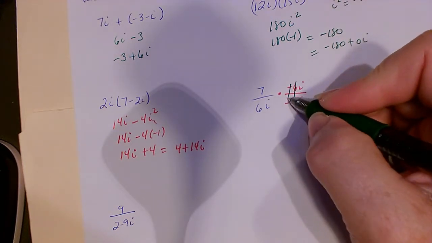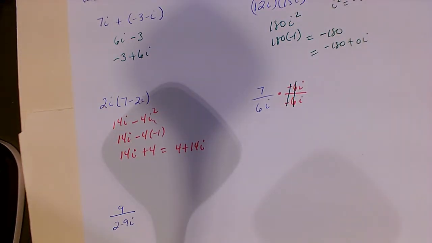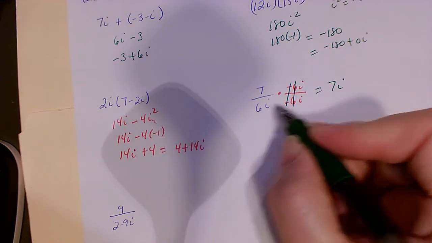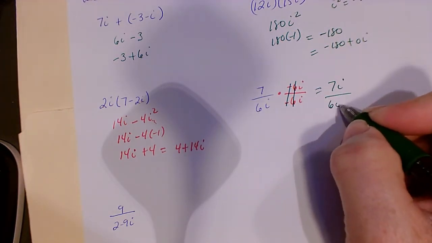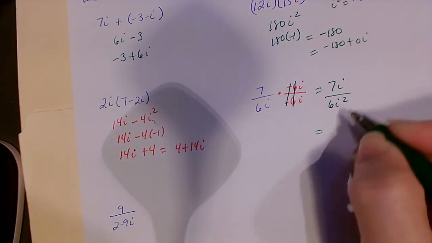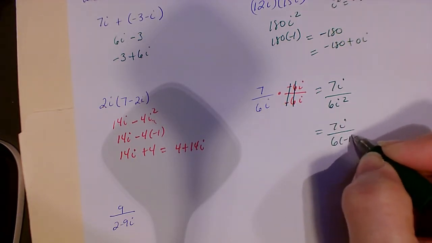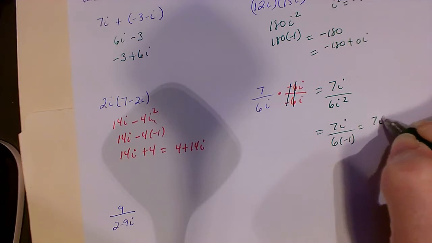We can also cancel out the double negative. Because there's no number in front, we can do this. So 7 times i will get us 7i, and 6i times i will get us 6i squared. So we have 7i over 6 times negative 1, which will get us 7i over negative 6.